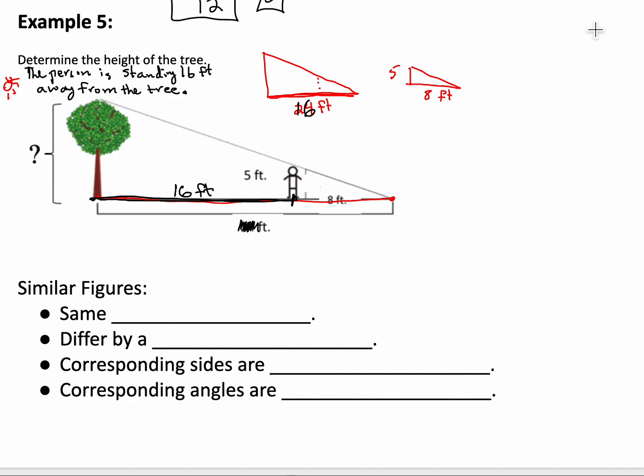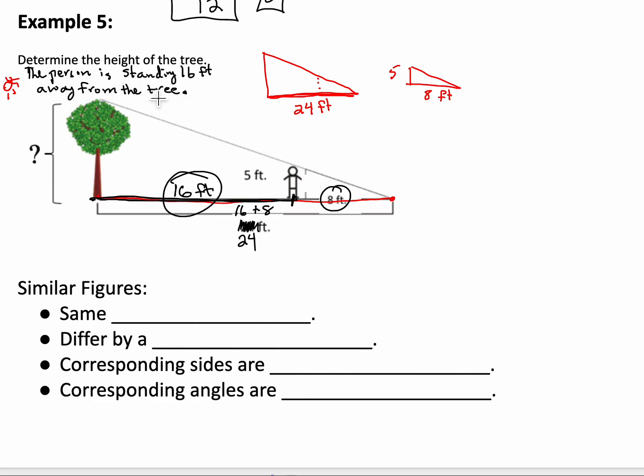But at this level of mathematics, what they are saying is, can you come up with the 24 right here? Where does 24 come from? Well, it comes from 16 plus 8. So 16 plus 8 is our 24 feet. So that's why this is 24 feet when we are given this 16 feet away.